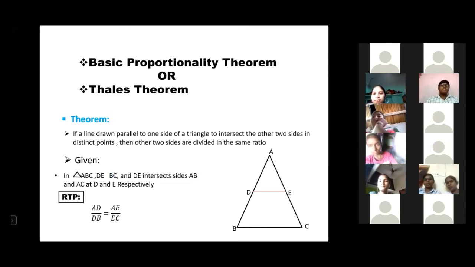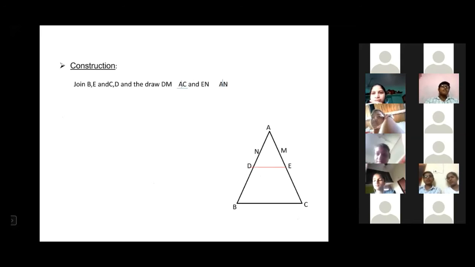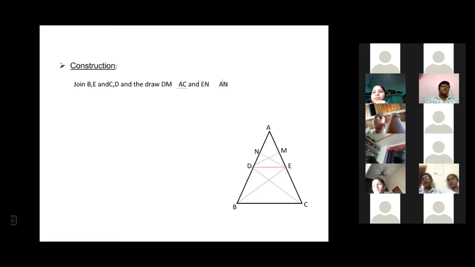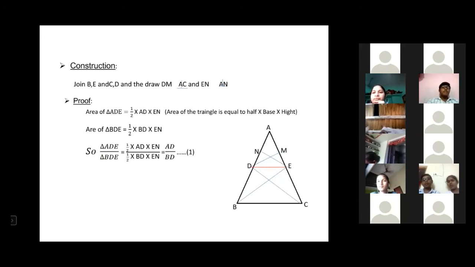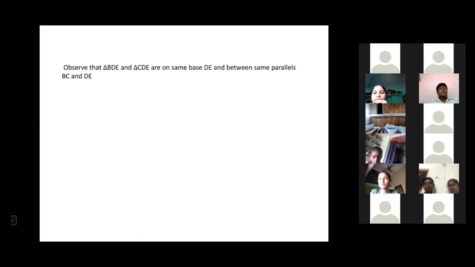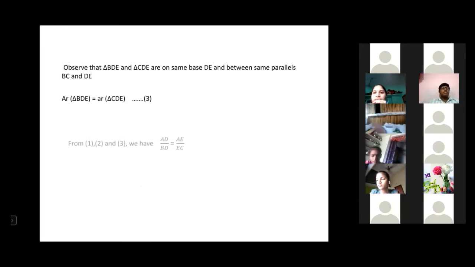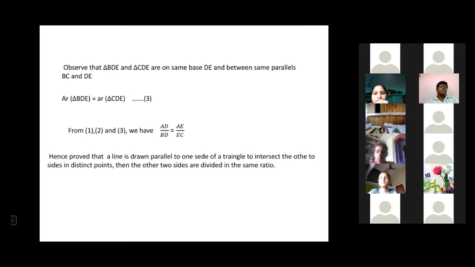I will show it line by line. If you get any doubt, stop me and ask me to clear. This is the basic proportionality theorem.